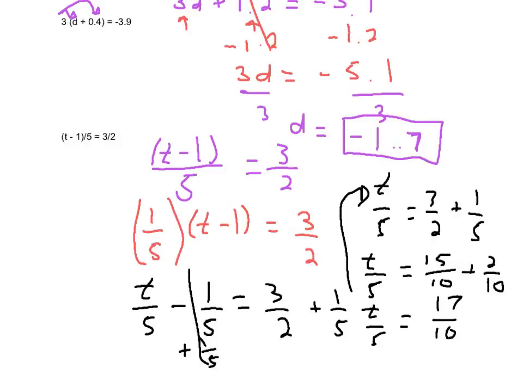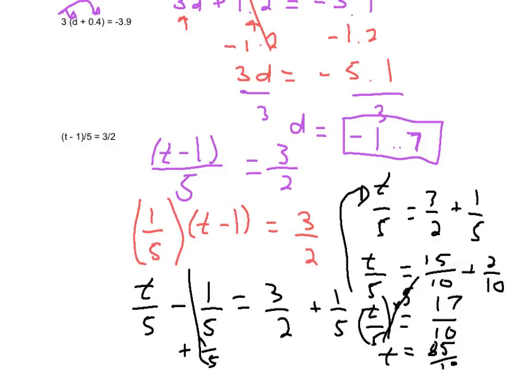Okay, and then we remember that t is being divided by 5, so we're going to multiply both sides by 5. That cancels, so t is going to be equal to 17 over 10 times 5, so 17 times 5 is going to be 85. 85 over 10 should do it.